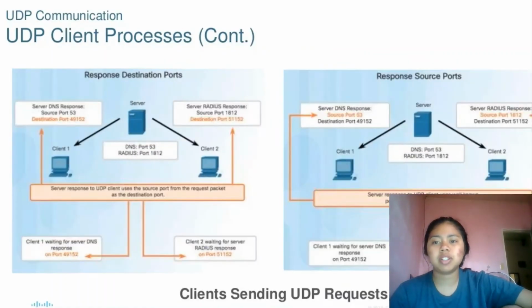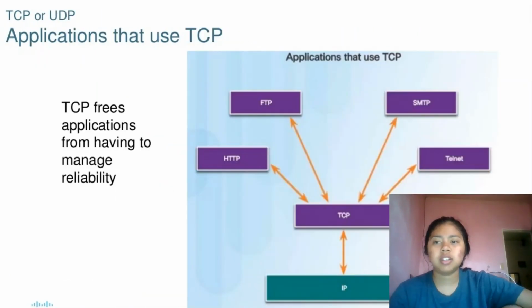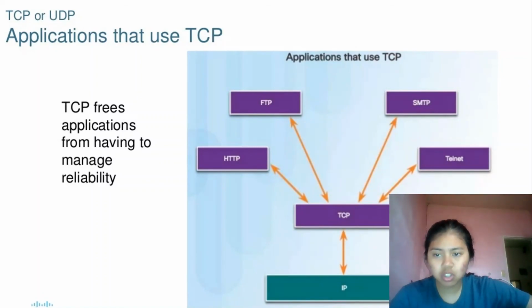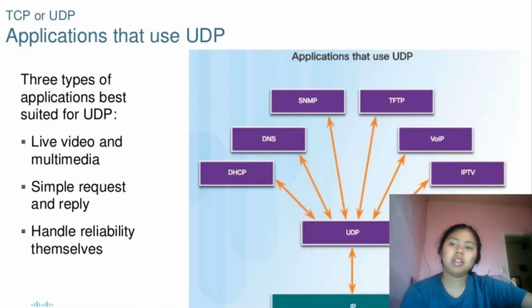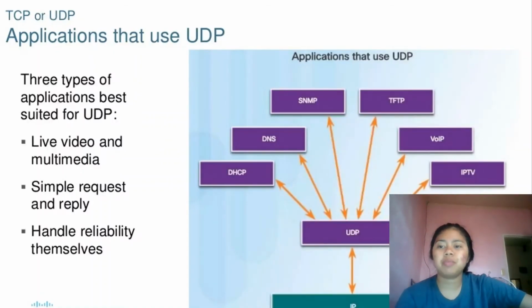UDP client processes. Applications that use TCP: TCP frees the application from having to manage reliability. Three types of applications best suited for UDP: live video and multimedia, simple request and reply, and applications that handle reliability themselves.